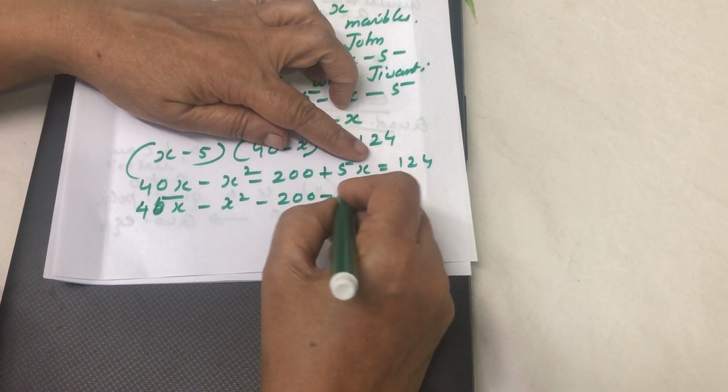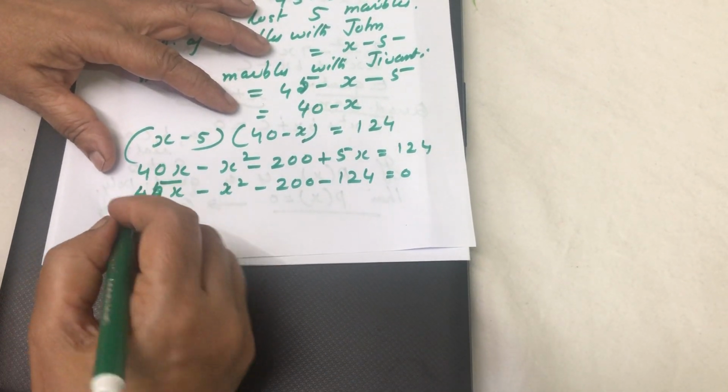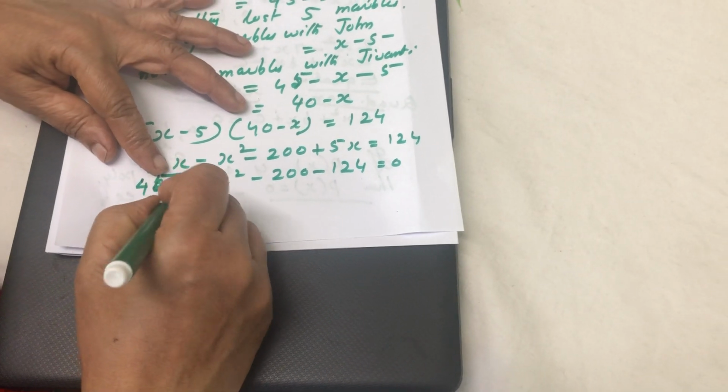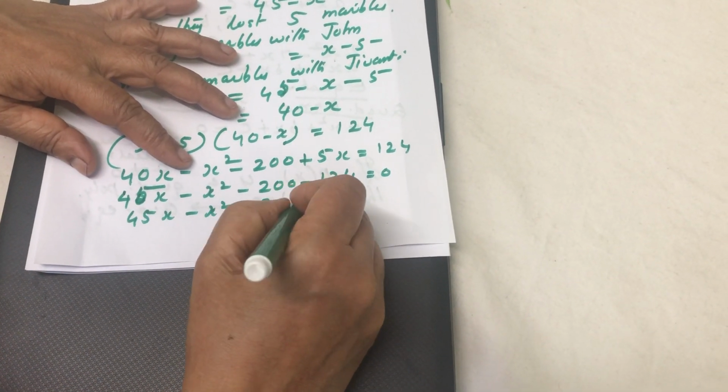This 124 you bring to this side, it will become minus 124. So it is 45x minus x squared minus 324 equal to 0.